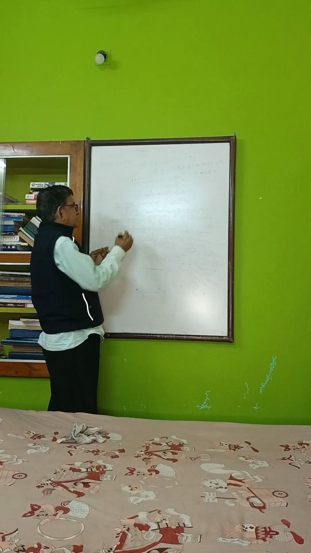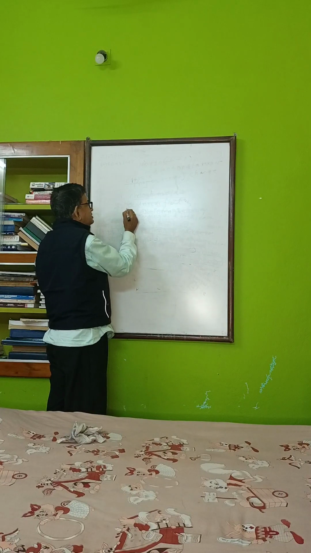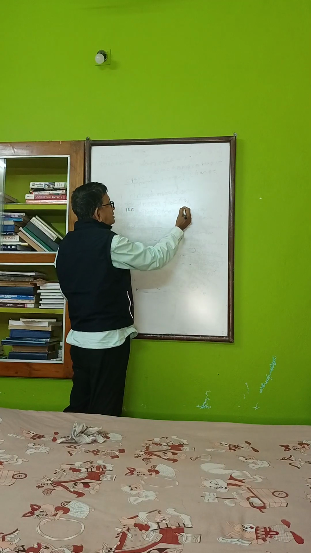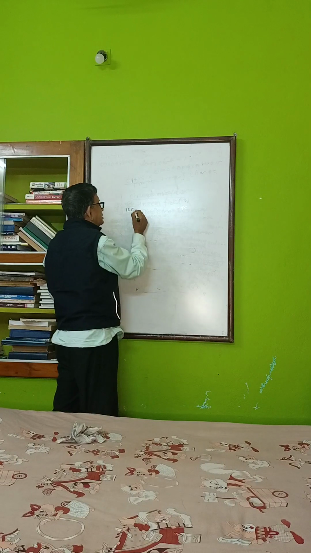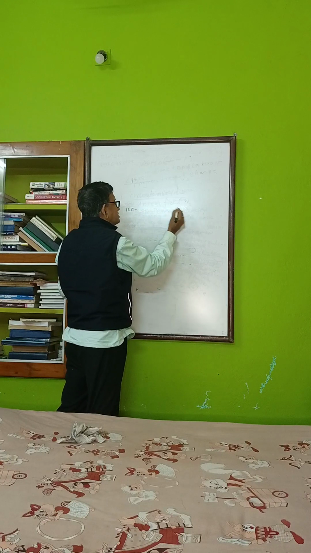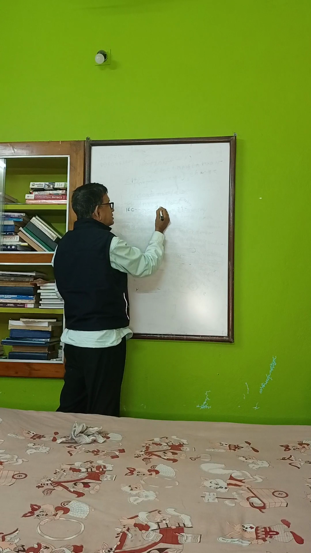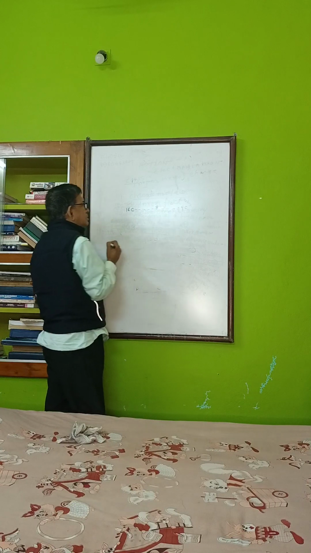Now, suppose there are two charges, 16 Coulomb and minus 9 Coulomb. The distance between them is 8 centimeter.